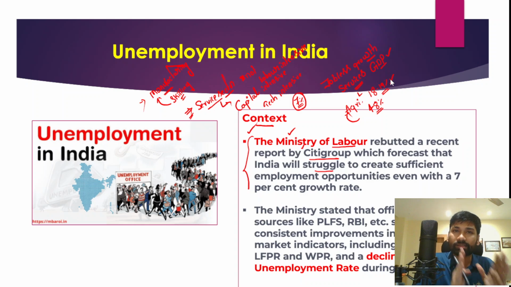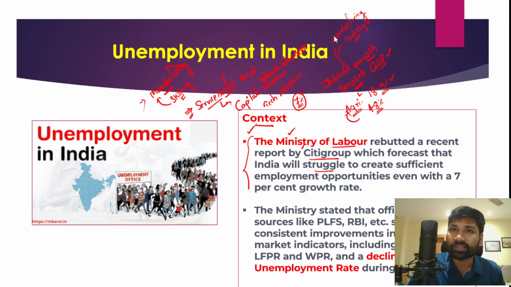Therefore, the concern of the governments is to absorb the excess workforce in agriculture into manufacturing, industry or the service sector. But manufacturing and industry have a lot of potential in India to create huge employment opportunities, or gainful employment opportunities, and that is the key thing here.